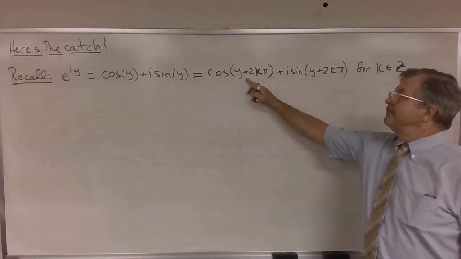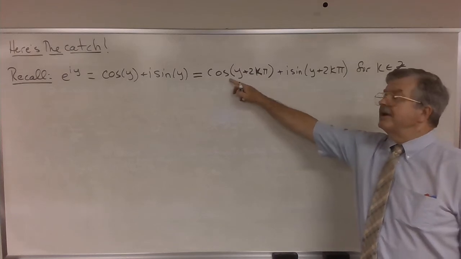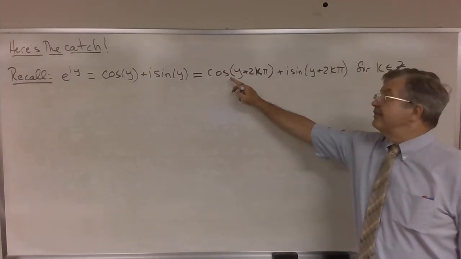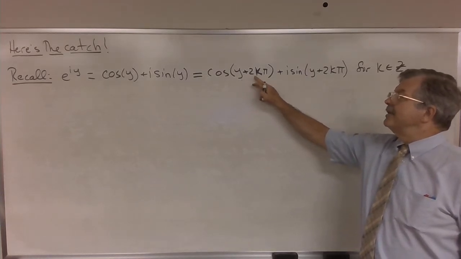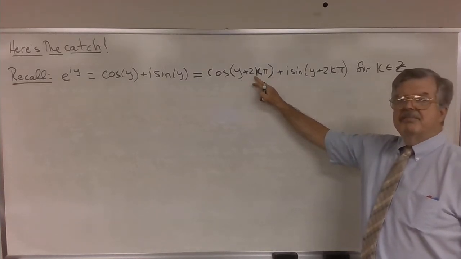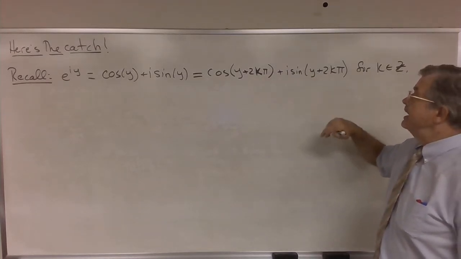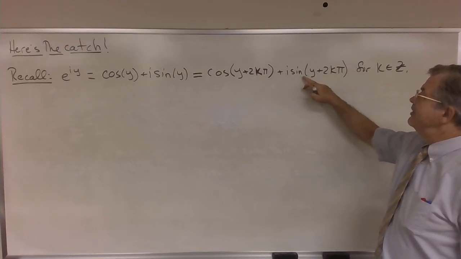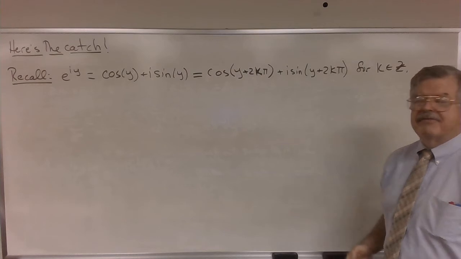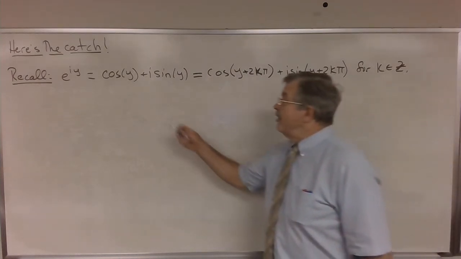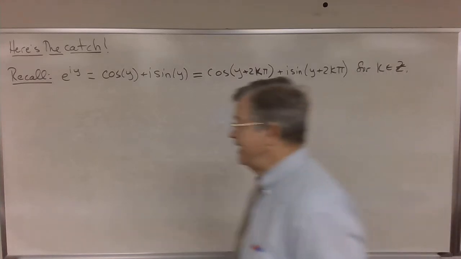We take an angle, add a multiple of 2 pi to that angle and plug it into cosine. No difference. The cosine of y and the cosine of y plus a whole number multiple of 2 pi, exactly the same. Same thing with sine. The sine of y and the sine of y plus a whole number multiple of 2 pi, no difference. So this thing and this thing are exactly the same.